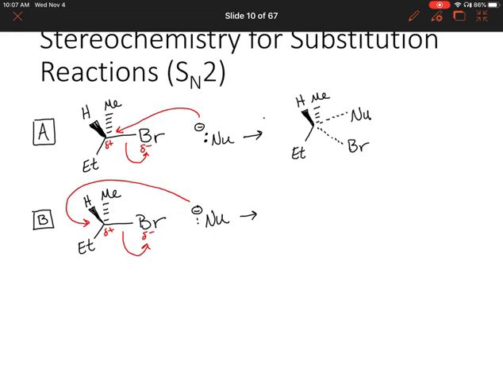And to indicate that you have a transition state, we normally put brackets around the transition state and we label it with this little symbol up here.